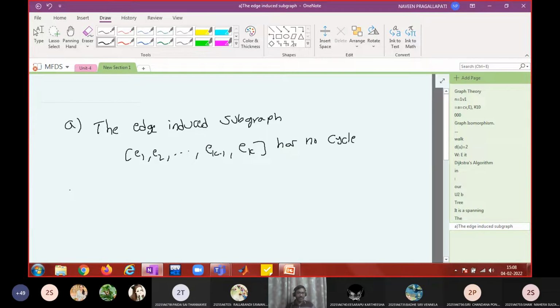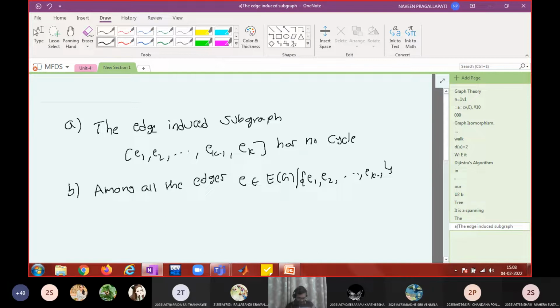What is the second condition? Among all the edges, E belongs to E of G minus E1, E2, and so on, Ek minus 1. What is E of G? The edge set of the graph.